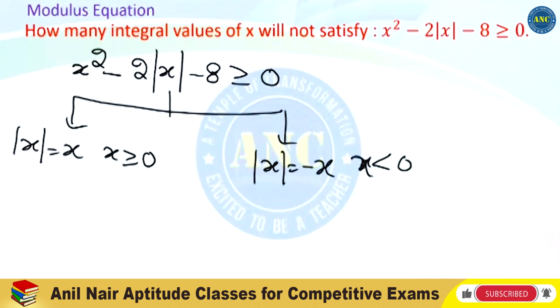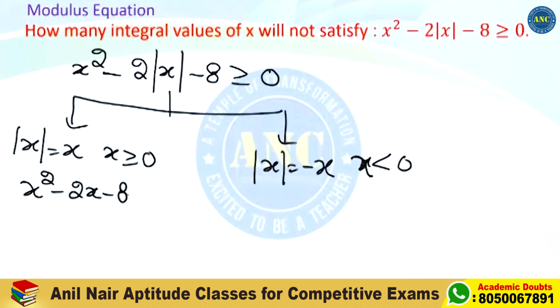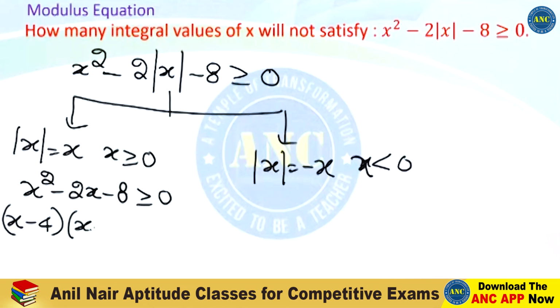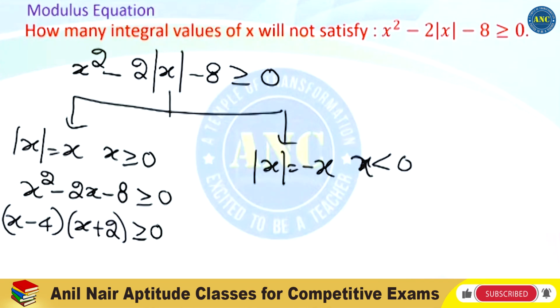So in the first case this is x square minus 2x minus 8 greater than or equal to 0. The factorization will be x minus 4 into x plus 2, which you can do easily: plus 2x minus 4x, greater than or equal to 0. I hope the idea is clear.